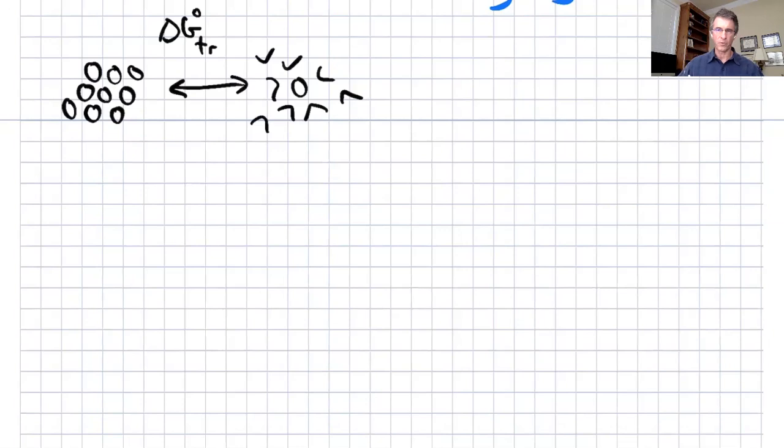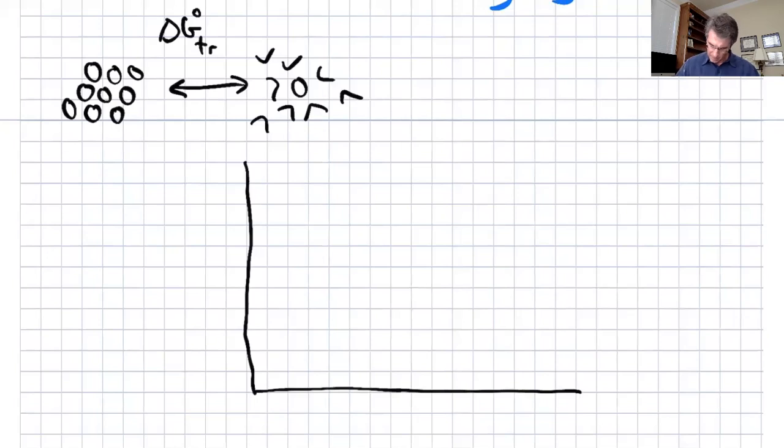And we can measure that, and then we can break it down into the component entropy and enthalpy contributions like we saw before. So if you do that and plot this out, you see something that's actually pretty amazing, which is that this distribution looks something like this. Temperature is on the x-axis, and we'll be at 0 degrees here, 50 degrees, and we'll just call this degrees Celsius, 100 degrees, 150 degrees.